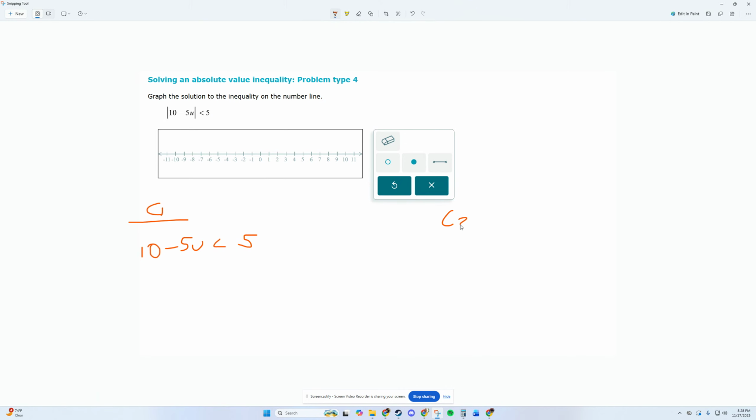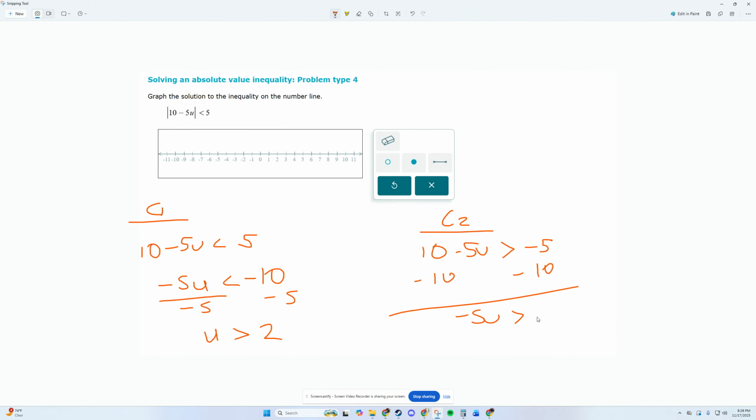Ooh, I'm intrigued. 10 minus 5u, this is going to be -5, and I'm going to flip the sign. Subtract 10, -5u is less than -10. When I divide by -5, I flip the sign. U is greater than 2.